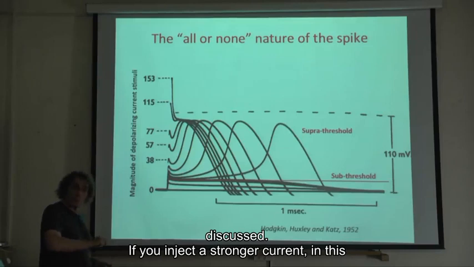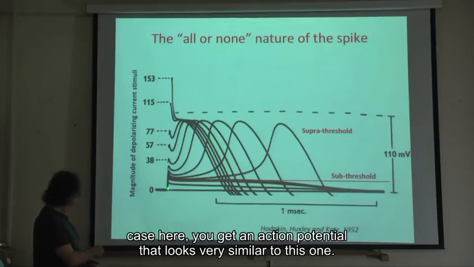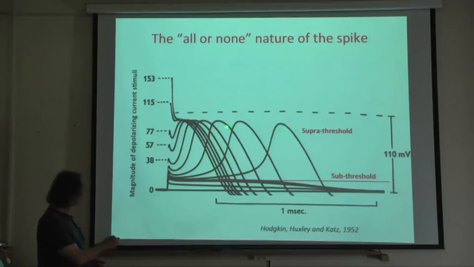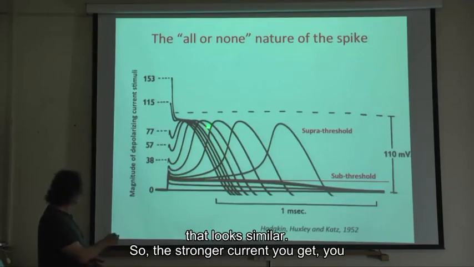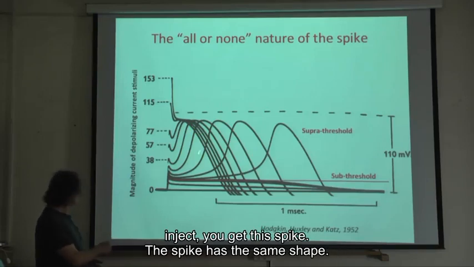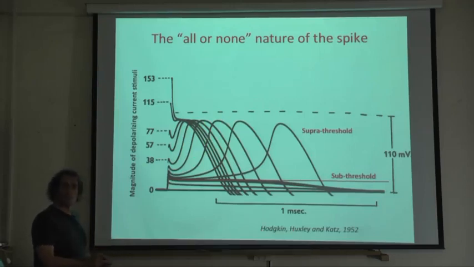If you inject a stronger current, you get an action potential that looks very similar to this one earlier. If you inject an even stronger current, you get an action potential that looks similar. So the stronger current you inject, you get the spike, and the spike has the same shape.